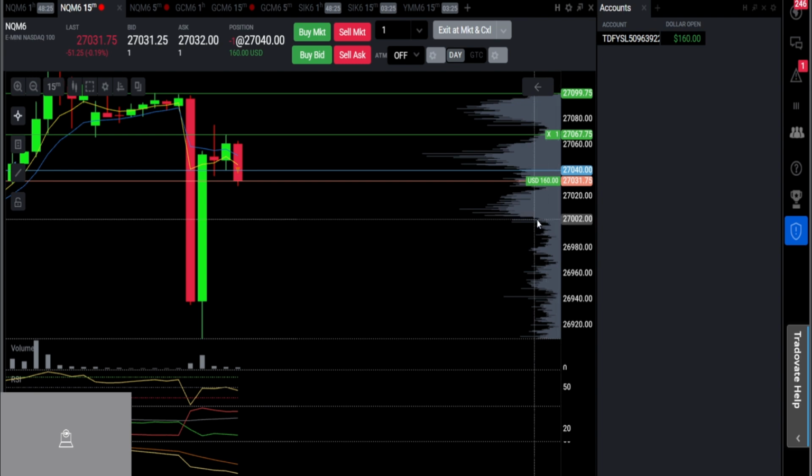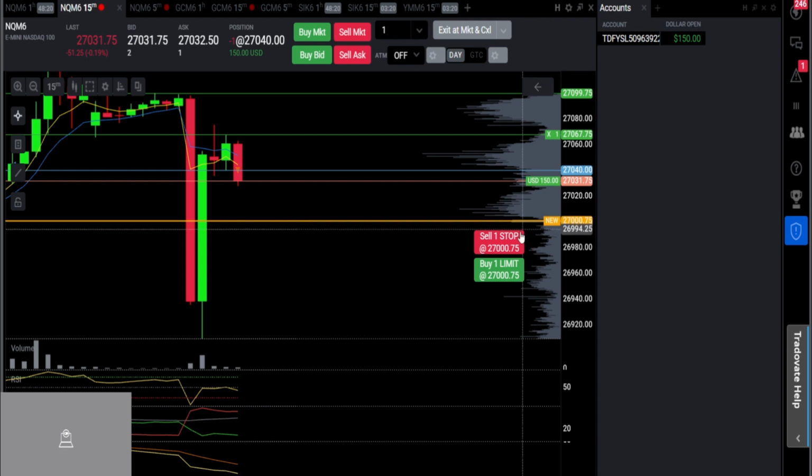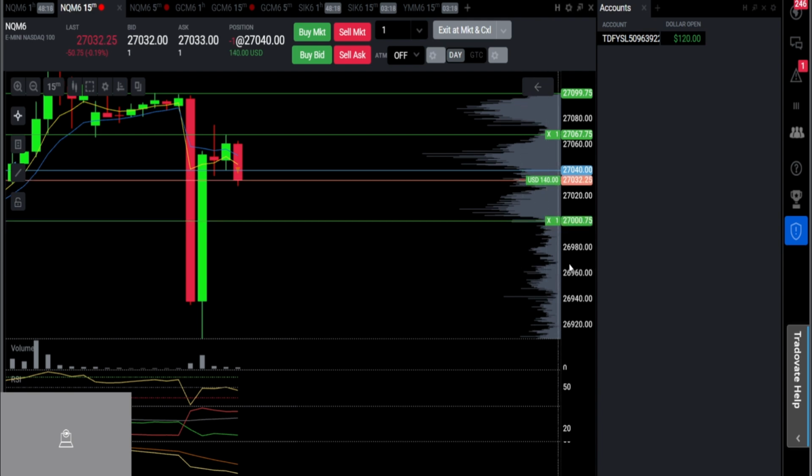Now with these trades, you won't always go straight into profit. You almost never do, but if you do, you just do. The thing about it is you have to trade the trade.